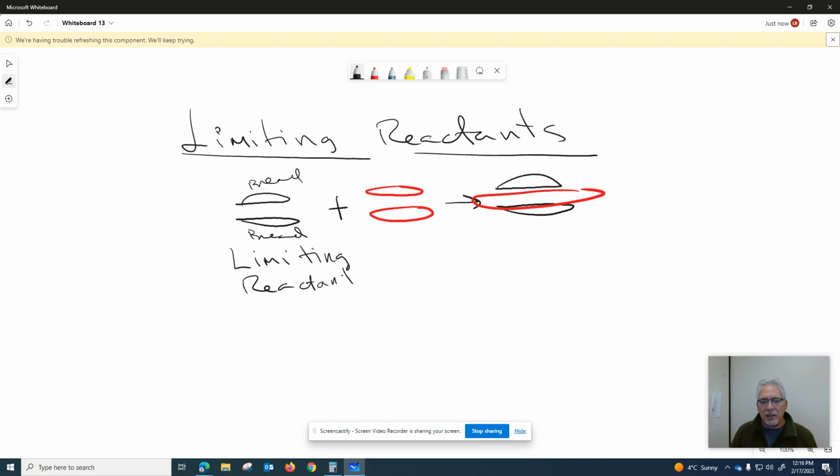So this one will be the limiting reactant and this one will be the excess, because the proportion is two slices of bread versus one hot dog, and one hot dog will be leftover.